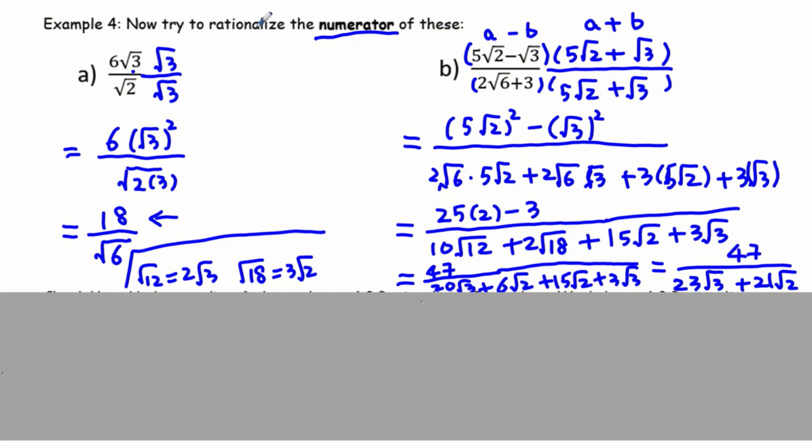So if there is one term for numerator or denominator, you just multiply the radical sign by itself. If it's two terms, then we multiply by the conjugate. The conjugate is just changing the sign. So a minus b times a plus b gives you a squared minus b squared. Then the square root squared cancels out. Then you have an integer left.